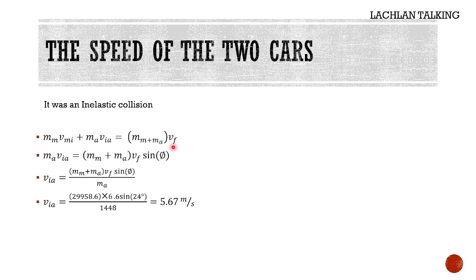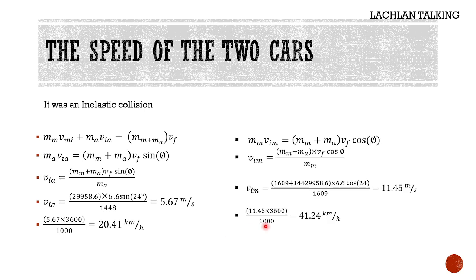Putting in our numbers, we get 5.67 meters per second as the initial velocity of the vehicle. Converting that into kilometers per hour, the vehicle was traveling 20.41 kilometers per hour. So the Audi is at fault because he pulled out in front of the vehicle, as he claims he wasn't moving at all and was sitting in the middle of the intersection.